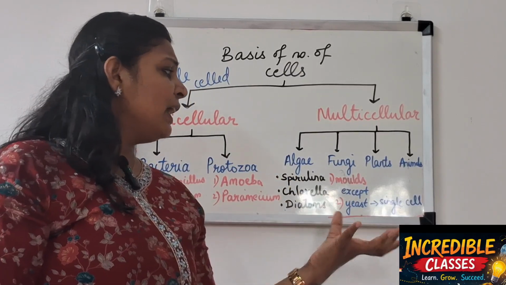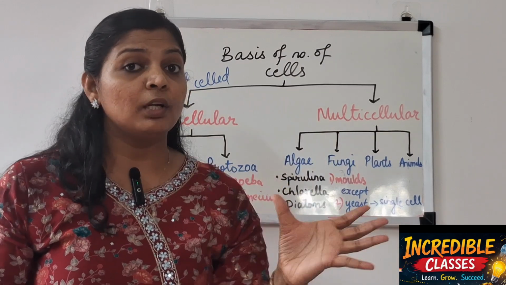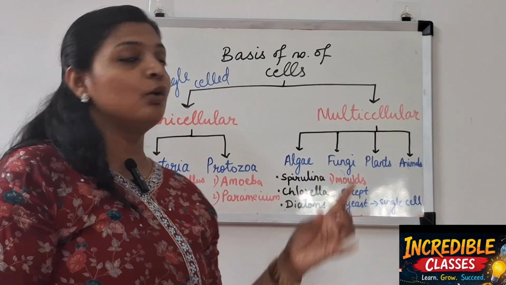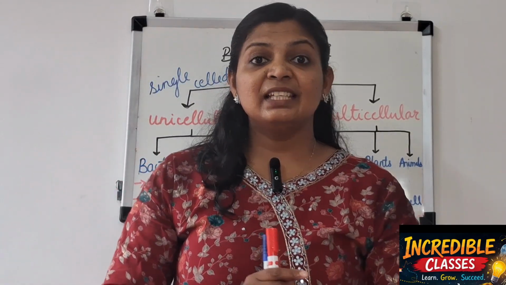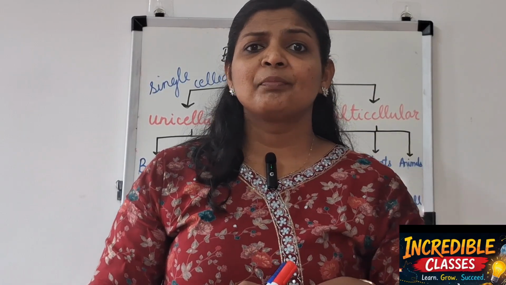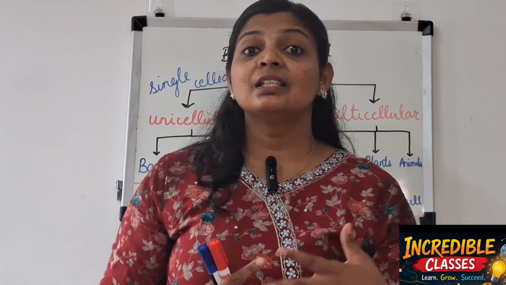Well, next we have fungi and fungus. Fungi is the plural of fungus. So we have molds, bread molds. If you have seen, sometimes bread has some green color spots on it. Why? Because it is spoiled.